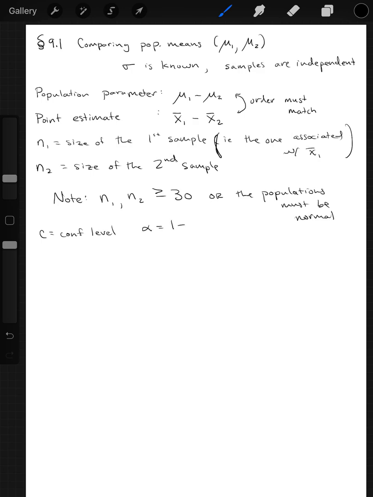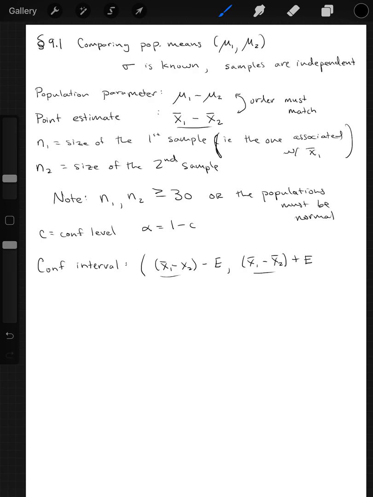Alpha is still going to be 1 minus C. So we're still in that same situation. And our confidence interval is going to look just like it did before. It's going to be the point estimate minus E, and then the point estimate plus E, right? So the exact same point estimate, minus E the first time and plus E the second time, exactly the same way as we've been doing before.